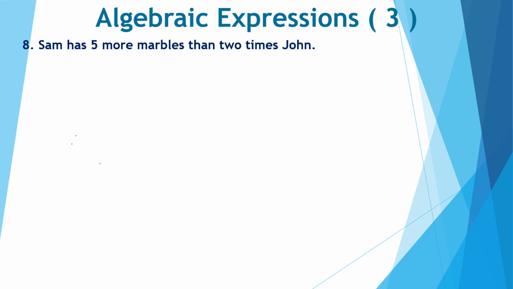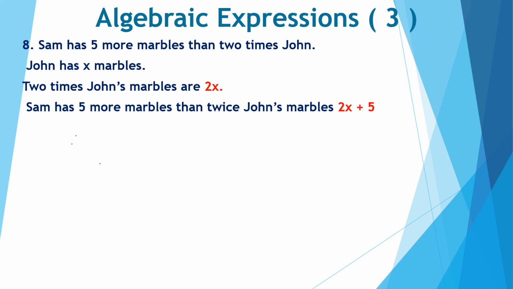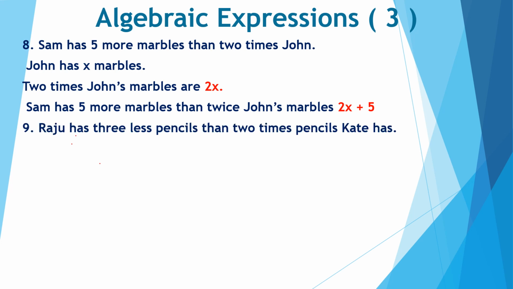Sam has 5 more marbles than 2 times John. John has x marbles. 2 times John's marbles are 2x. Now Sam has 5 more marbles than twice John's marbles. I can write it as 2x plus 5.